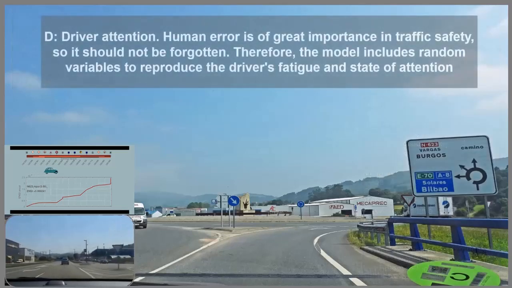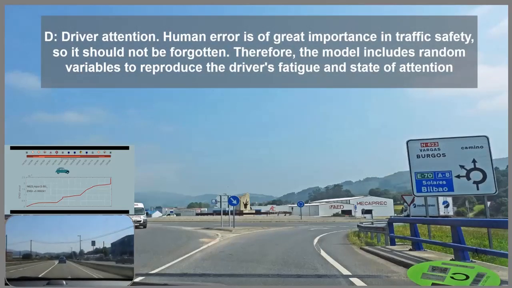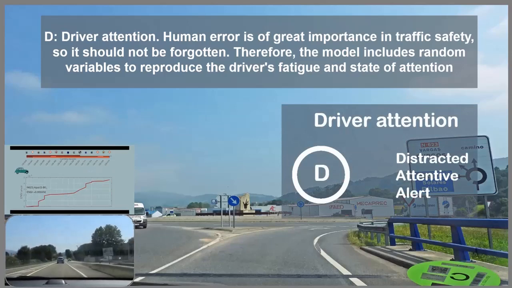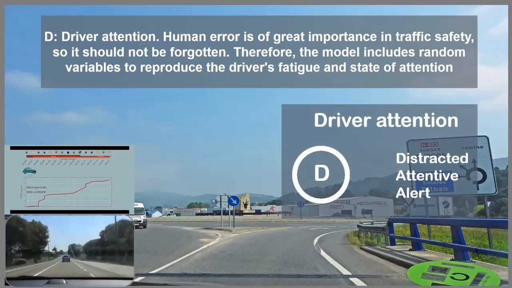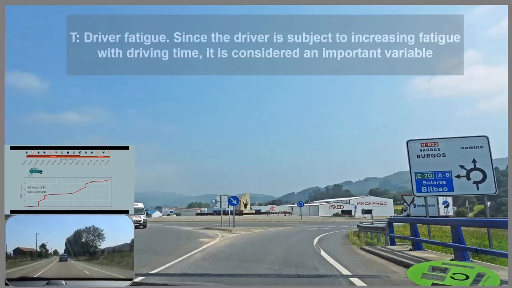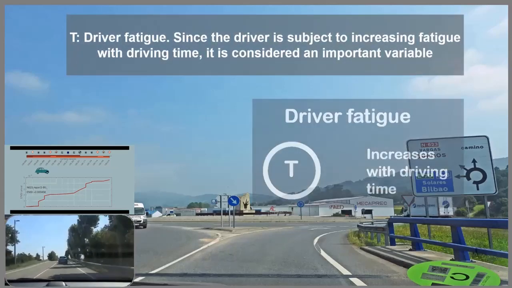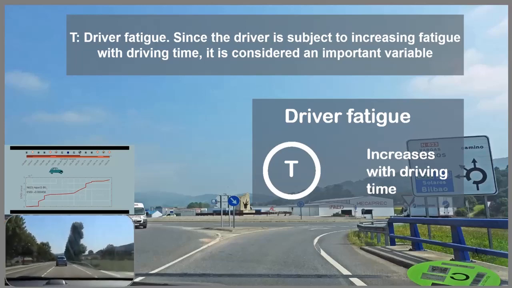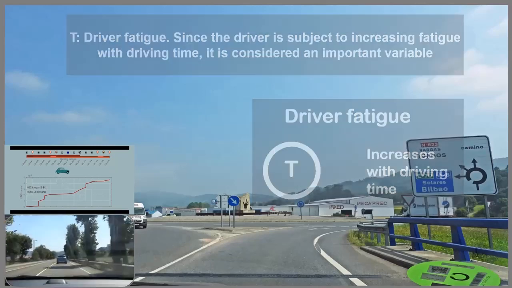D. Driver attention. Human error is of great importance in traffic safety, so it should not be forgotten. Therefore, the model includes random variables to reproduce the driver's fatigue and state of attention. T. Driver fatigue. Since the driver is subject to increasing fatigue with driving time, it is considered an important variable.